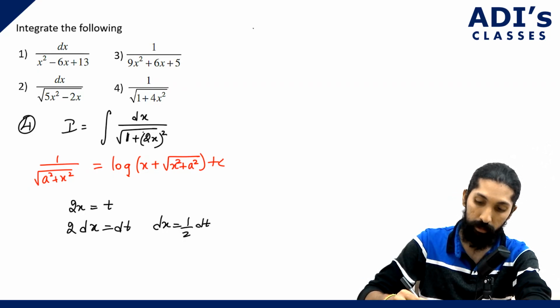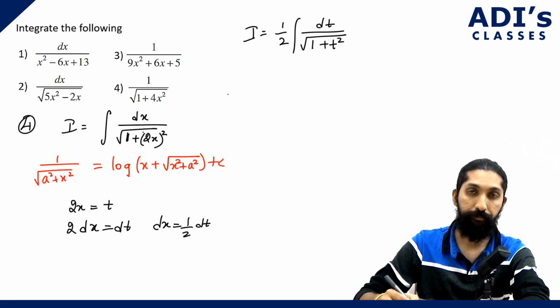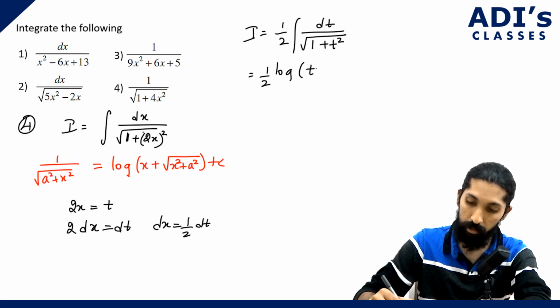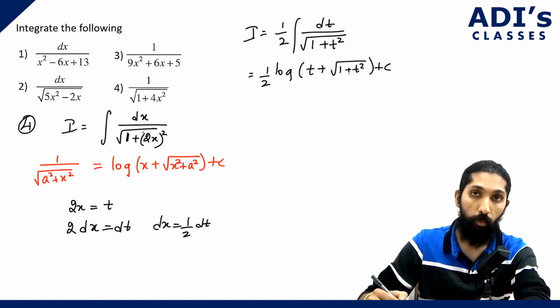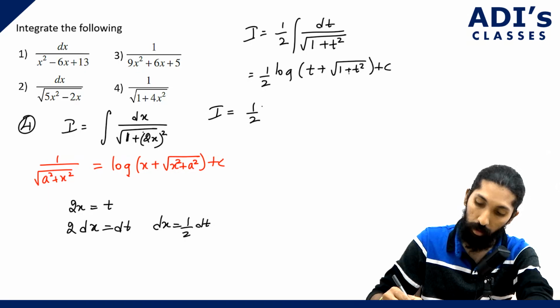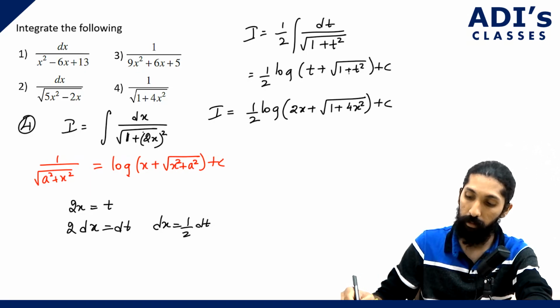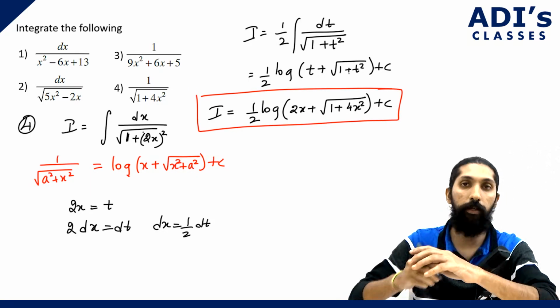Substitute, you get I is equal to half integral of dt by root of 1 plus t square, or half log of t plus root of 1 plus t square plus c. What is t? 2x. So you get I is equal to half log of 2x plus root of 1 plus 4x square plus c. So this is going to be the final answer for this fourth one.